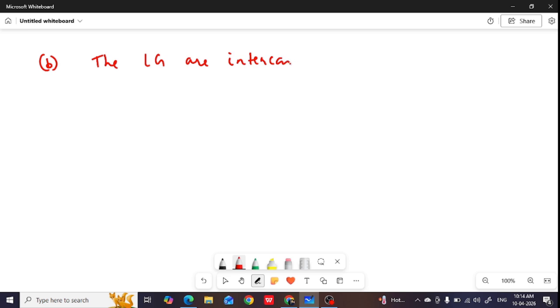Second condition is B. Condition B of the Corbin's method is the longitudinal girders are interconnected by at least 5 symmetrical cross girders.